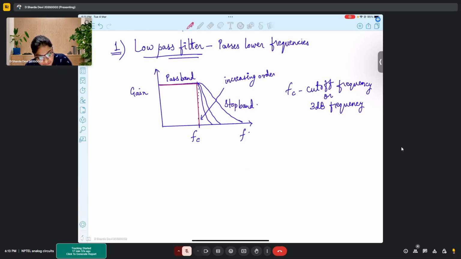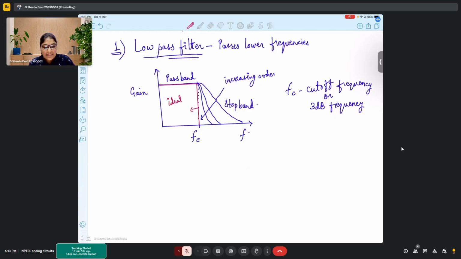Practically, we try to obtain this ideal behavior by increasing the order of the filter. So how do we increase the order of the filter?